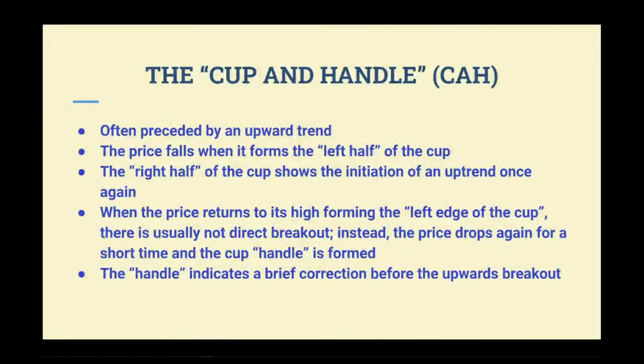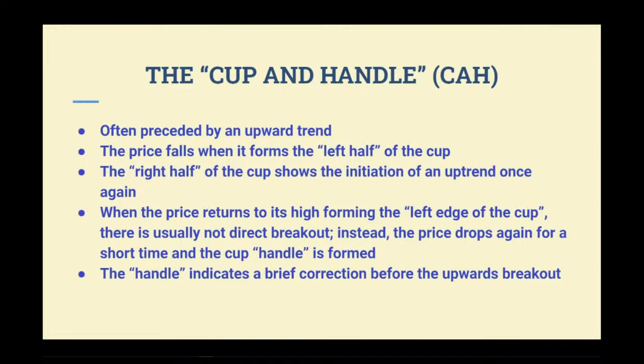All right, now we have the cup and handle. So the cup and handle is a continuation. Basically, we already know what's a trend. As it says here, it's often preceded by an upward trend. The price falls when it forms the left half of the cup. The right half of the cup shows the initiation of an uptrend once again.